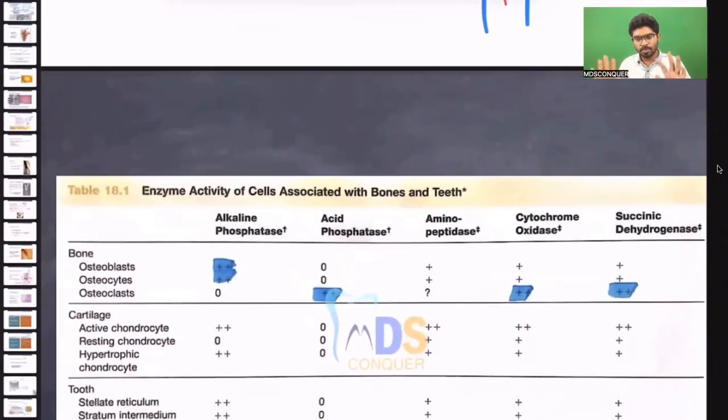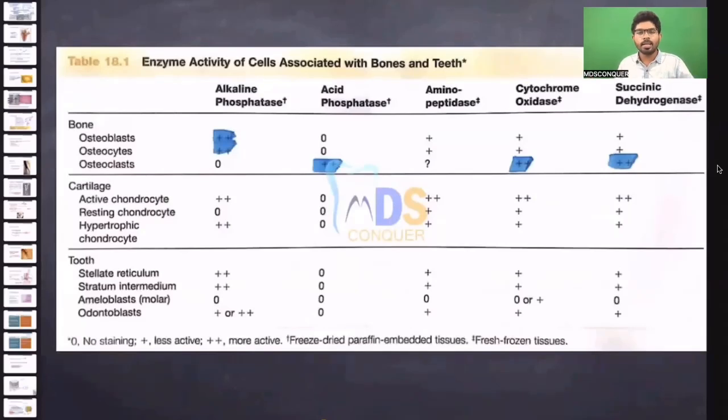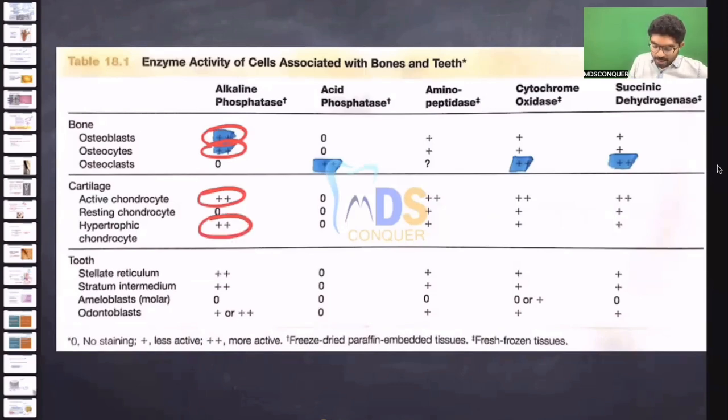Clear. I'm done with the major aspects of dentin. This table is very, very important. Forming cells: what are forming cells? Osteoblasts, active osteoclasts, chondrocytes, hypertrophic chondrocytes, stellate reticulum we have discussed, stratum intermedium we have discussed, odontoblasts we have discussed.